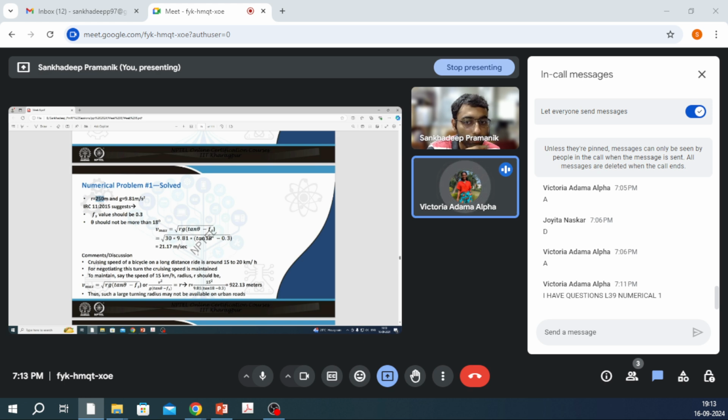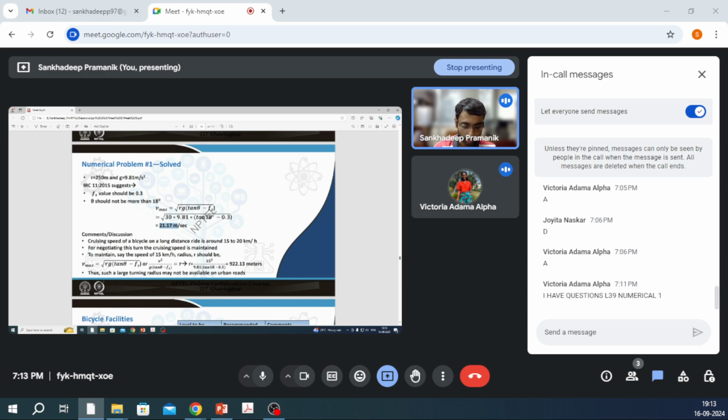Solve this problem and I got 2.7, but I don't know how 1.17 was got. This one value, this value. Yes, just let me check. 30 into 9.89.